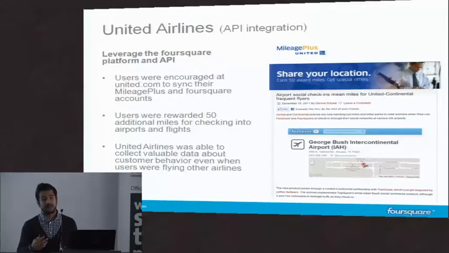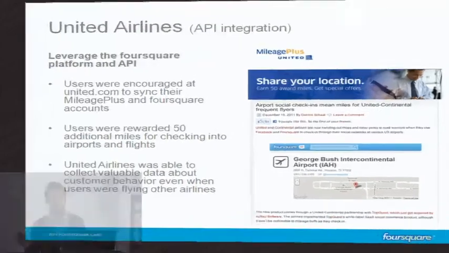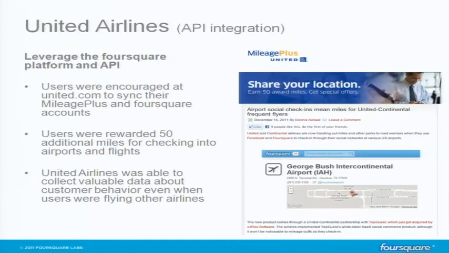United Airlines, again, they did an integration with the API where you could tie your Mileage Plus account with your Foursquare account, and when you do that, again, you can check into places, get 50 additional bonus miles if you check into airports or if you check into lounges.